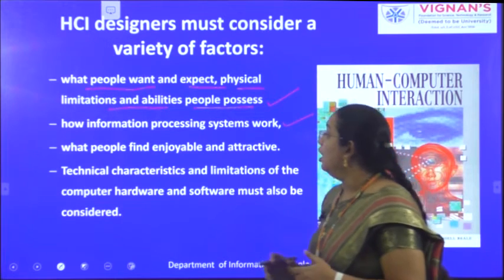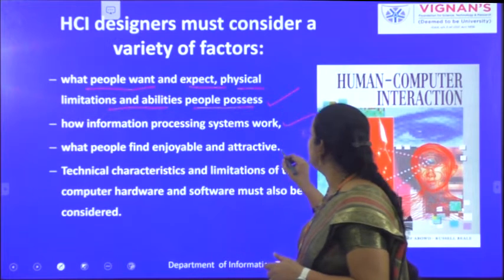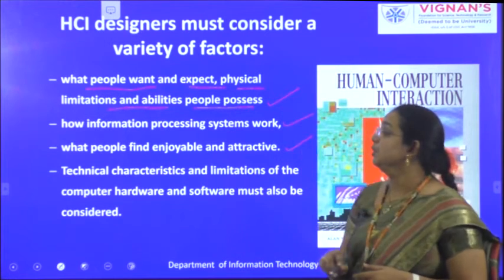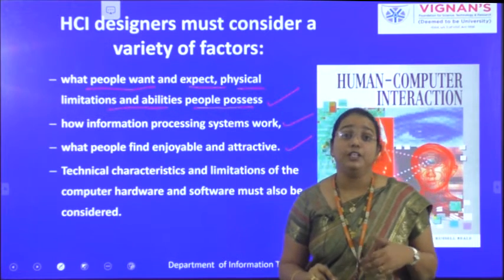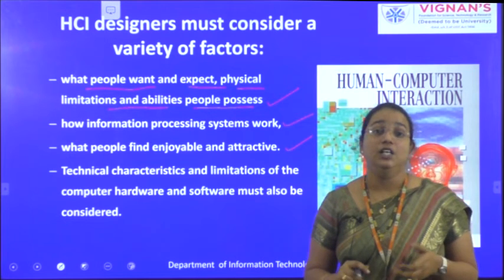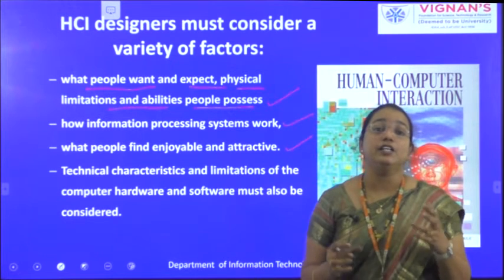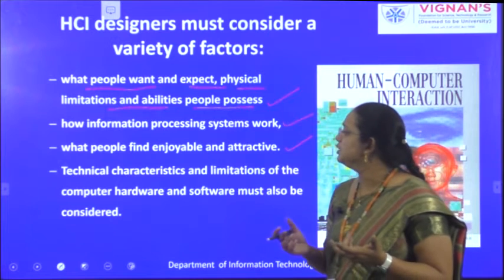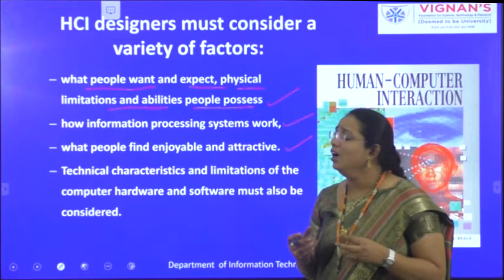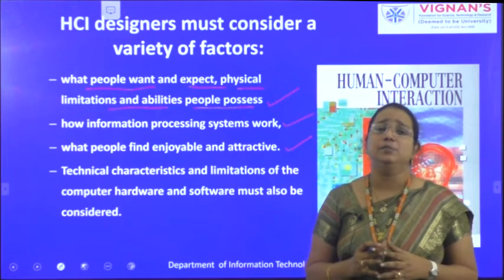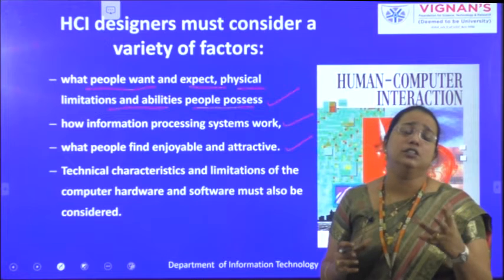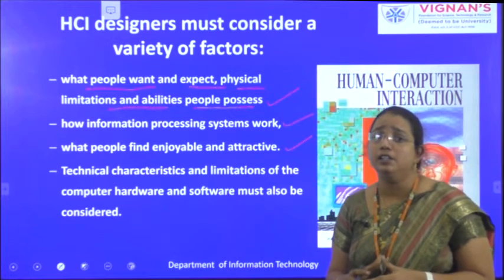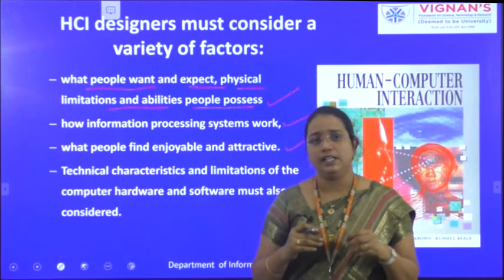And what people find enjoyable and attractive. Only then can people be attracted towards that screen. Otherwise, if the screen consists of clumsy matter and unattractive colors, the users are not going to be attracted towards that screen.